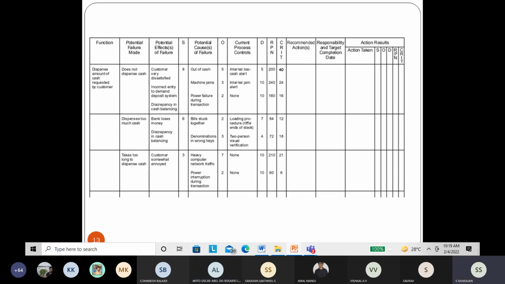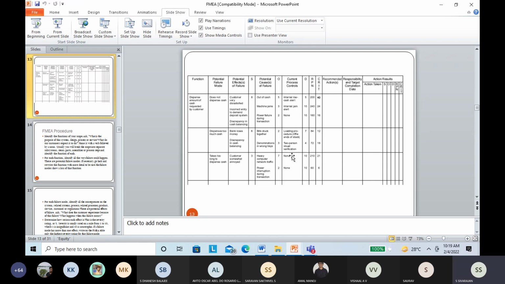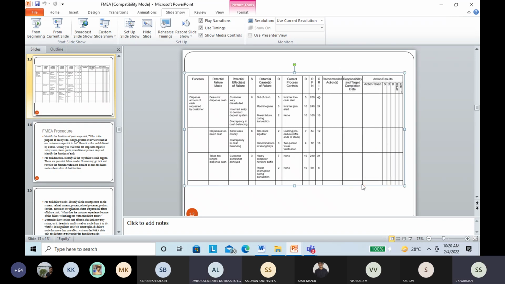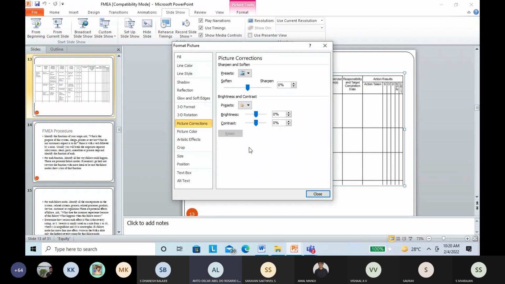If you click on the image, go to format picture. The second option, corrections, the first row is sharpening.